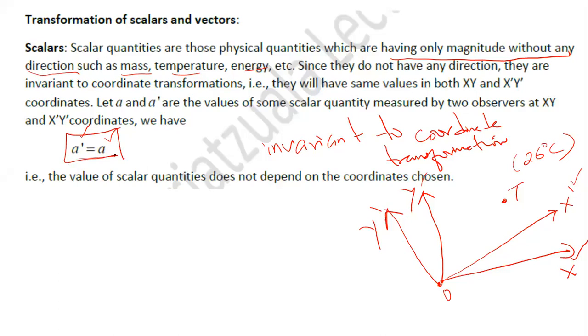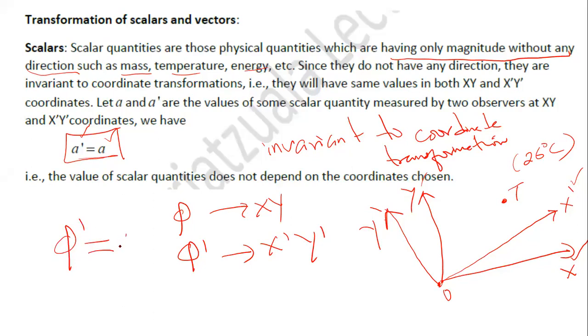All right. So if phi is a certain scalar quantity in the unprimed, that is the xy coordinate system, and phi prime is the same physical quantity you measured from your primed coordinate x prime y prime, you will find that in both coordinates the value of phi will be the same.